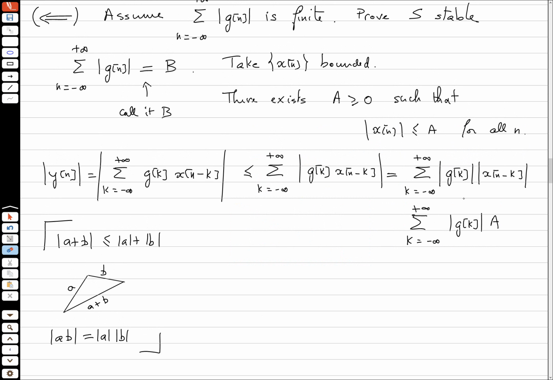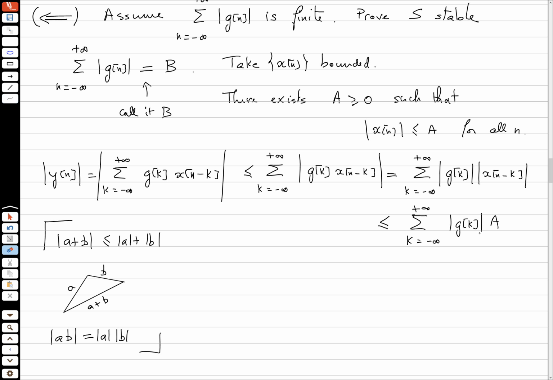Look, the operation is the same, except that here I multiply by something that is bigger than this. You agree that this is bigger than this? Because we know it's true for all n, so this is true for n minus k. So this is bigger than this. So what do you say about the global result? Isn't that obvious?